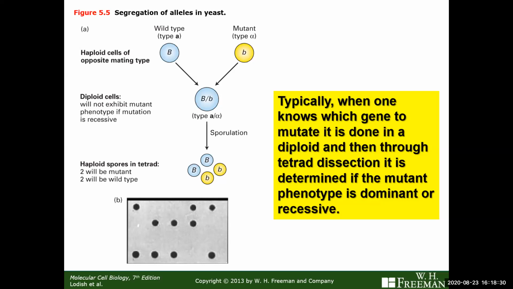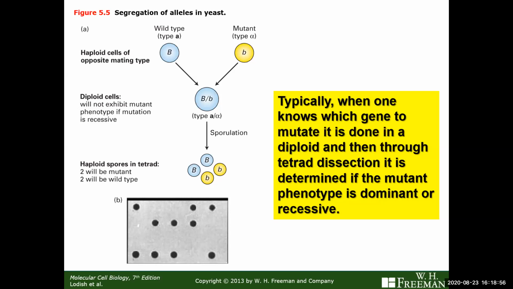So then you cross it with the wild type, and then the resultant diploid, you sporulate it and segregate the spores, and you see whether the trait or the character or the phenotype that is not being able to grow in the presence of galactose as the only source of carbon is segregating 2:2.